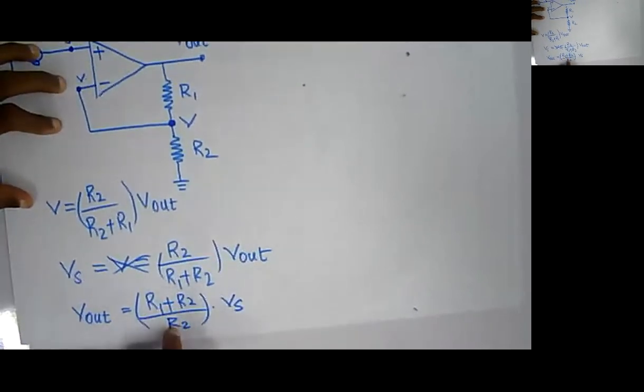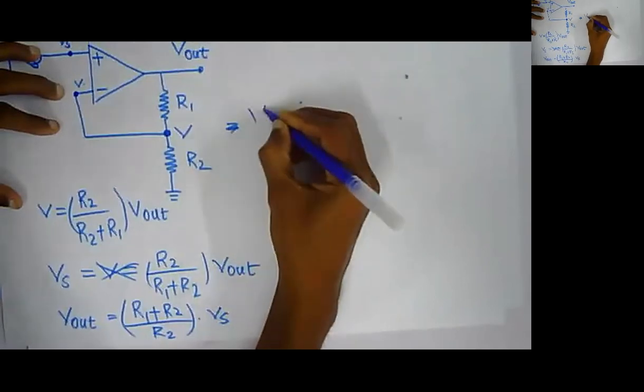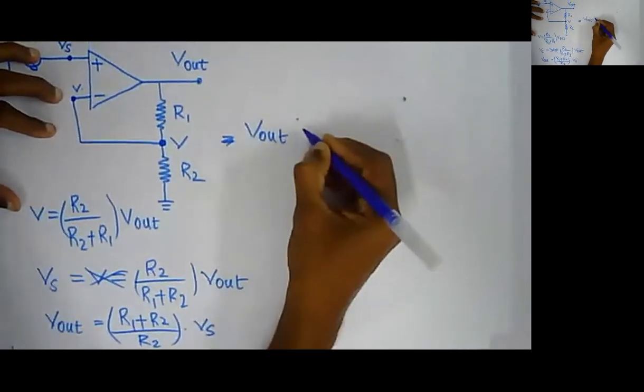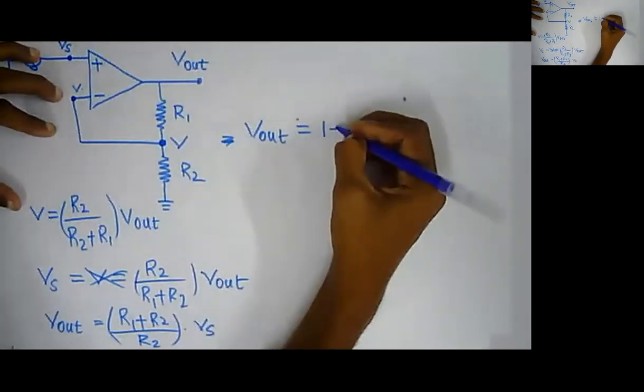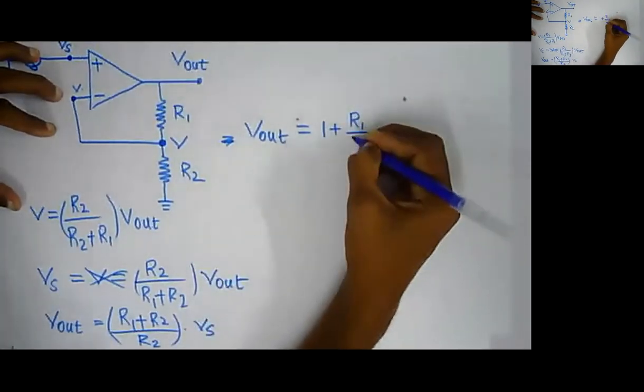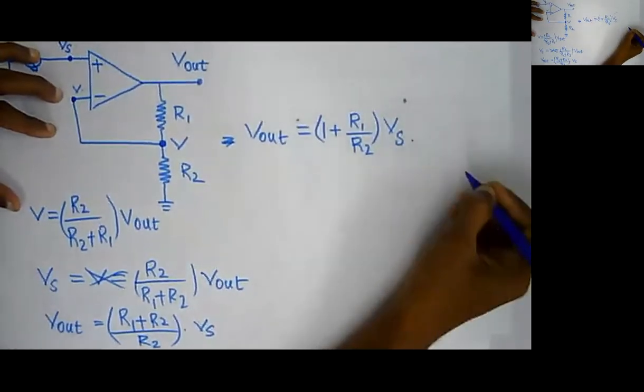So again, I can rewrite this one as R1 by R2 plus R2 by R2, right? R2 by R2 becomes 1, and hence I can write my V out equals 1 plus R1 by R2 times Vs.